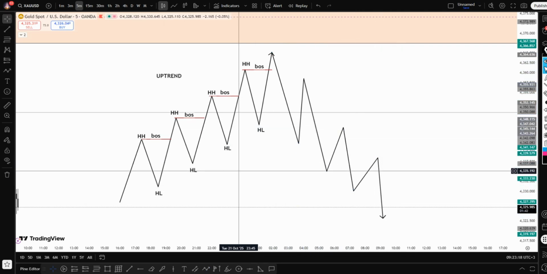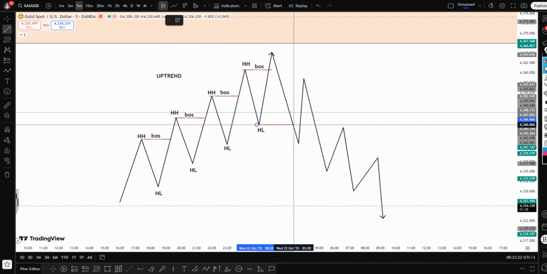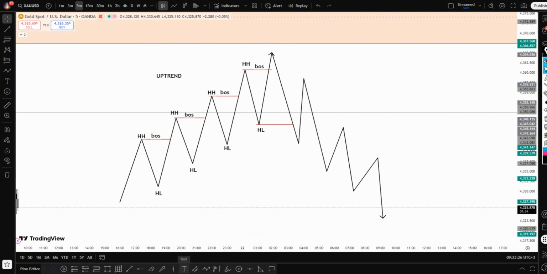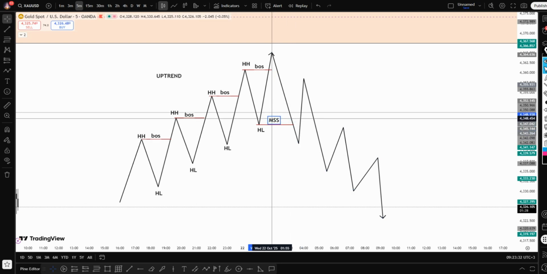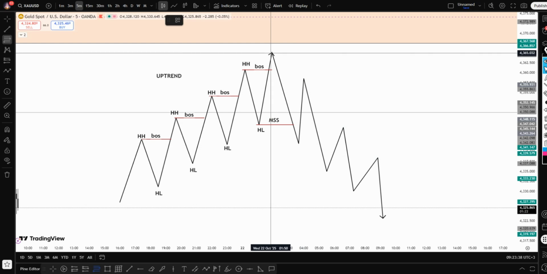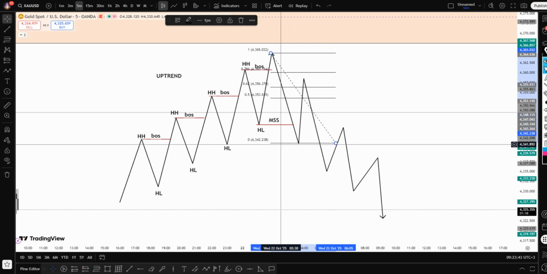If price breaks the previously noted higher low, that means price has changed its state of delivery from an uptrend, and now we're looking to be downtrending. This is known as a market structure shift. When you see it, we are looking for a retracement into the range so that we can take the trade lower.